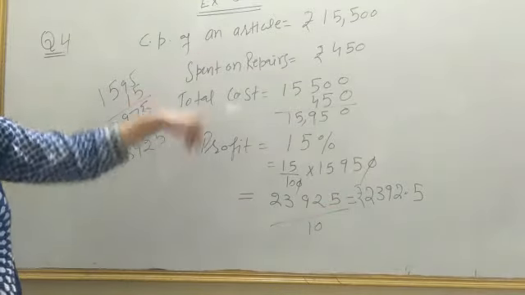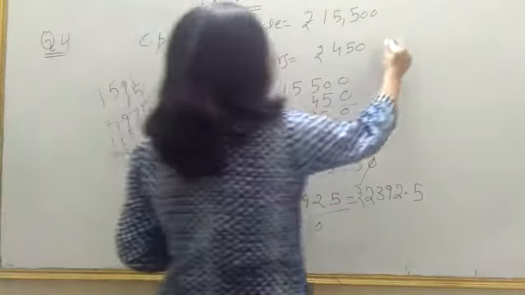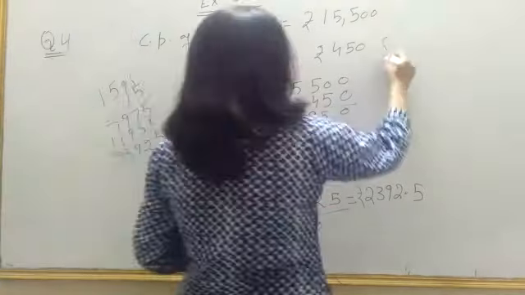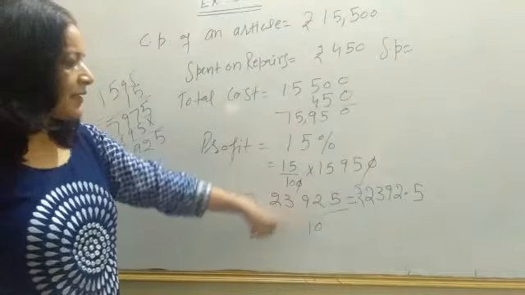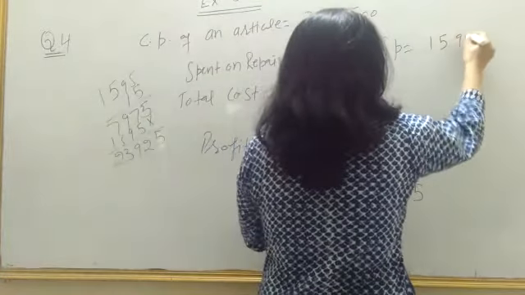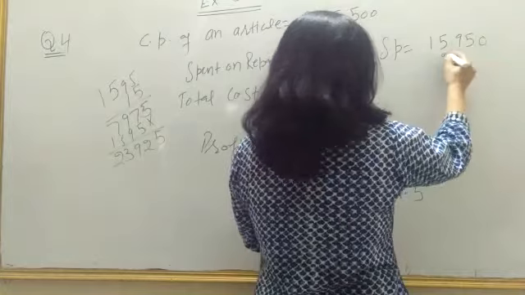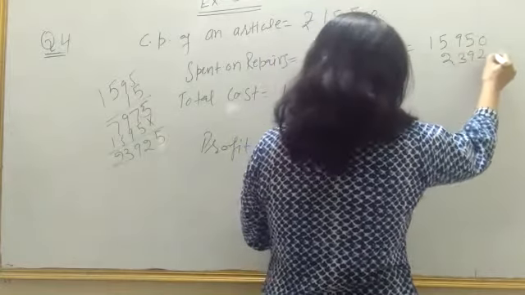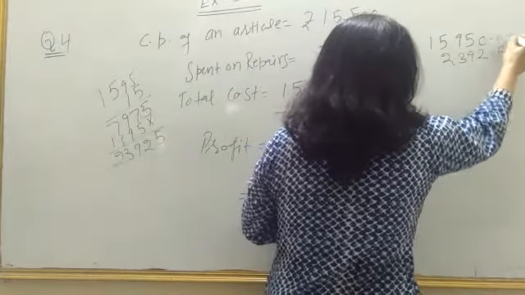Then what will be the selling price? Find the selling price. The selling price of the bicycle is cost price plus profit, 15,950 plus 2392.50 rupees.